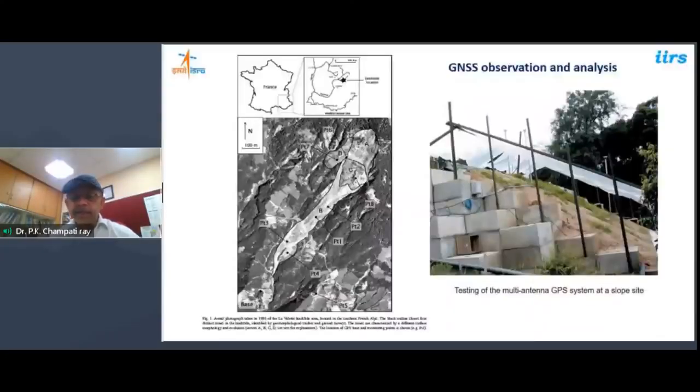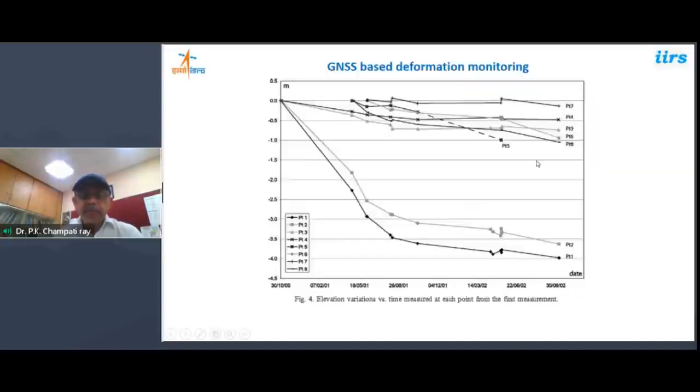Now this is an example of how a landslide is monitored. You can see the landslide mass, and this example is in France. There are a large number of antennas on the landslide body, and it is monitored using the GNSS. This shows that at some of the locations, 7, 4, 3, 6, and 8, there is not much movement, but the movement is very high for places like point number 2 and point number 1.